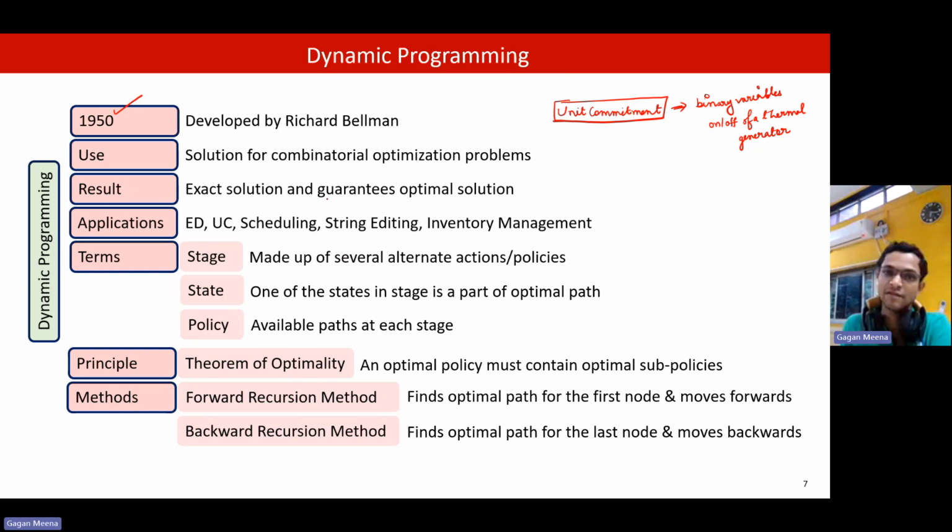The advantage of dynamic programming is that it gives us an exact solution and it also guarantees an optimal solution. Pertaining to power system, we have two applications, ED and unit commitment. Other applications are like capacity expansion planning.